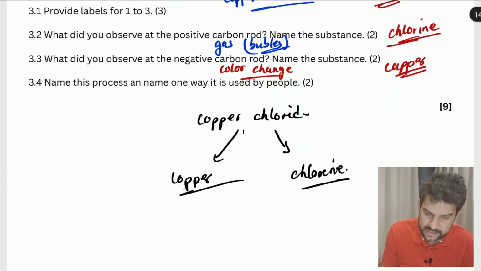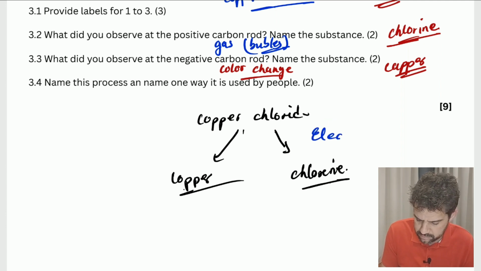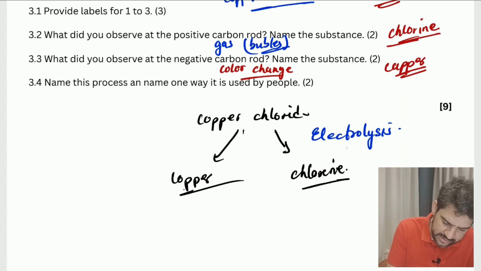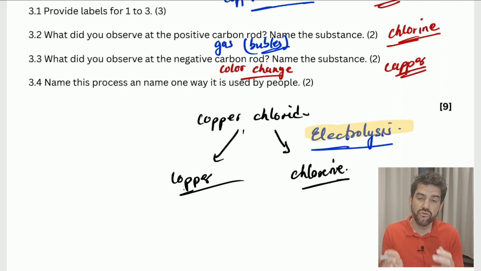The process is called electrolysis. That is the name of the process that you use to break compounds into different elements. For instance, water can be broken into hydrogen and oxygen using the same process.